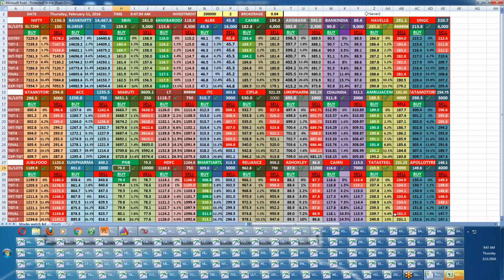Tata Steel has done its final target here. Cipla should do its final target 520. And in case you have not observed, Jubilant Food is at 1121. So that's 60 rupees down on Jubilant Food. I'll pull the chart for you.